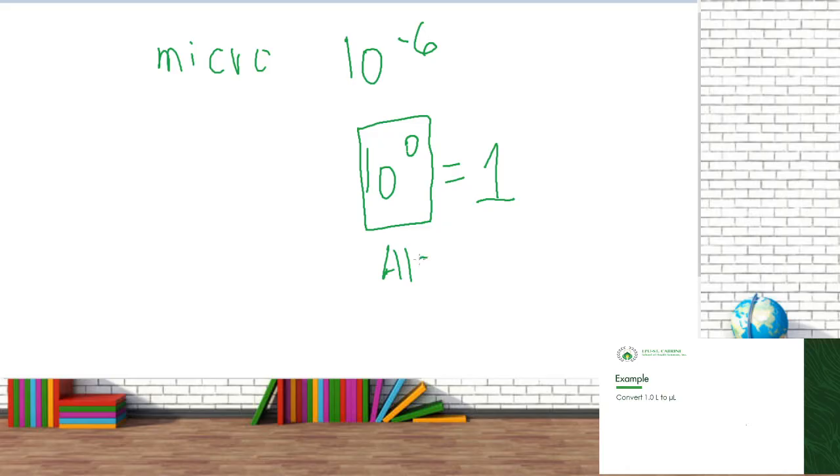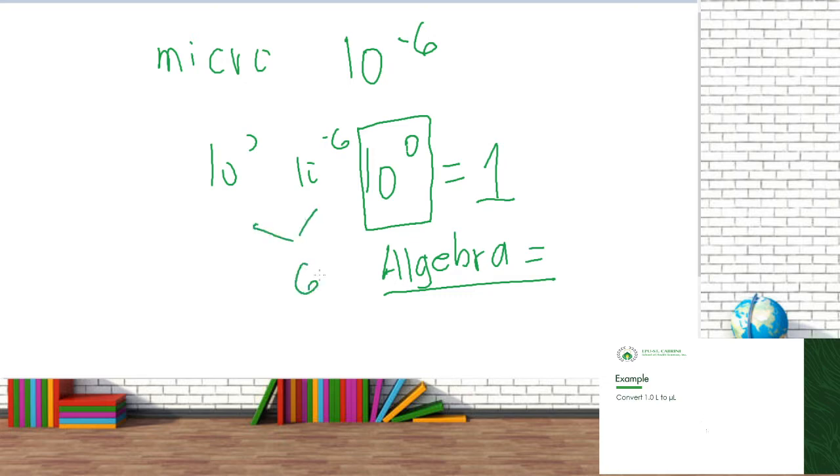Remember our grade 1 algebra? I still remember my teacher when I was in grade 1. She taught me algebra: any number raised to 0 is equal to 1. Now, applying the principle of getting the difference between 10 raised to 0 and 10 raised to 6, we have 6 as our difference.